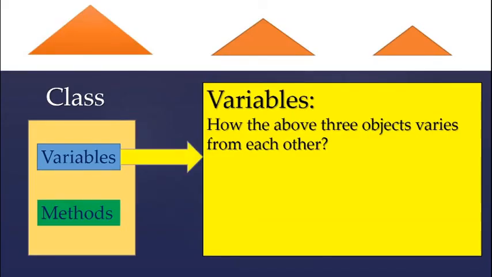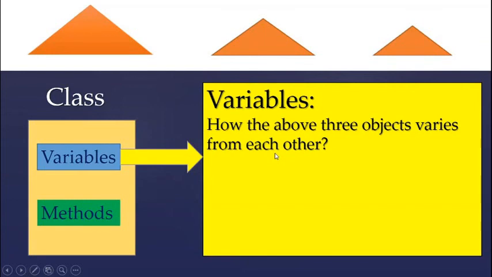Here we have one process to identify the variables. We have taken the same example of three objects of a triangle. Again, we have one class and variables, and we want to find out how the above three objects vary from each other.